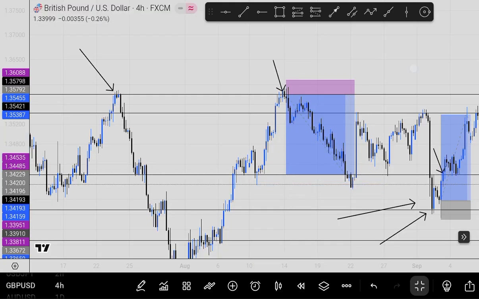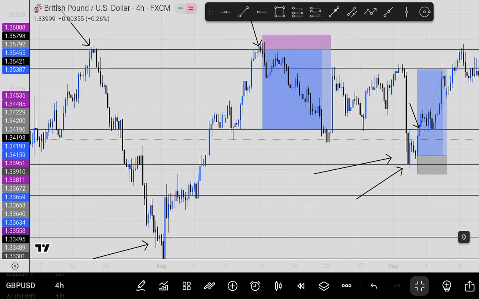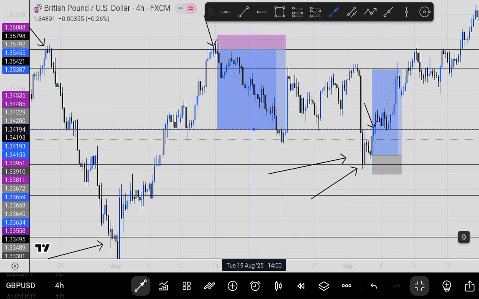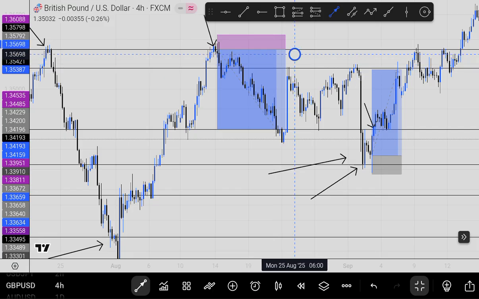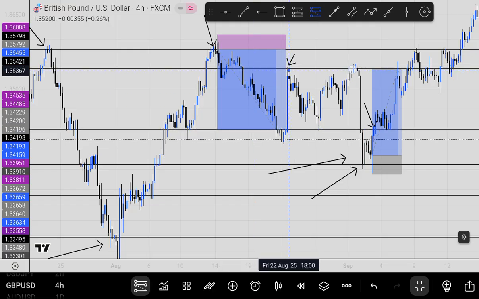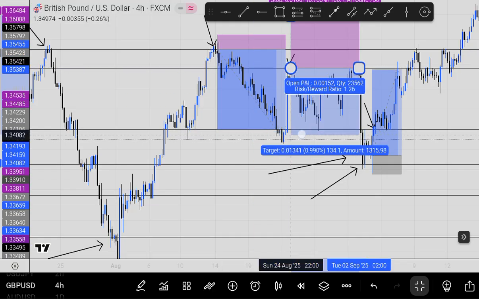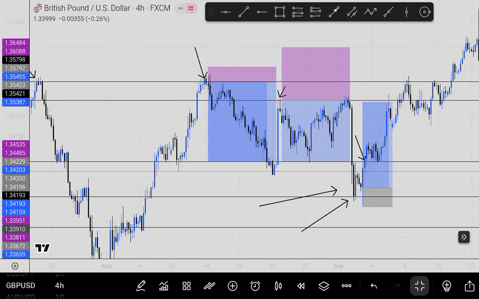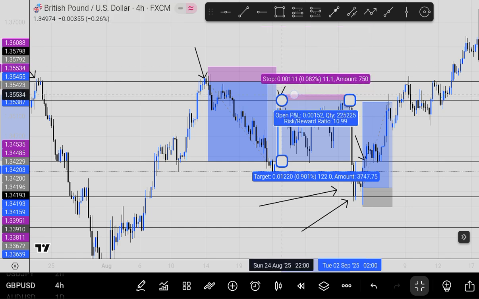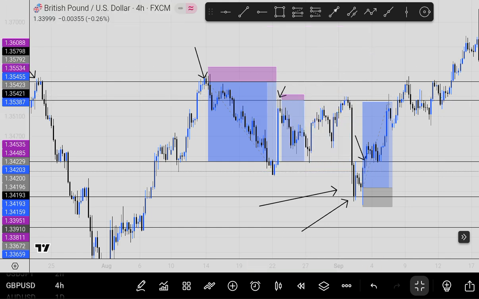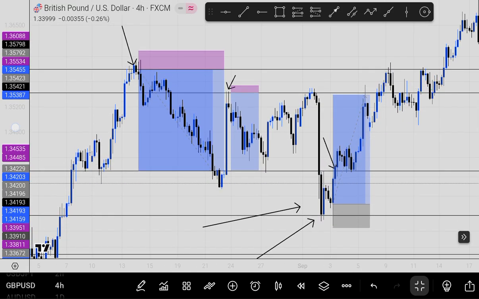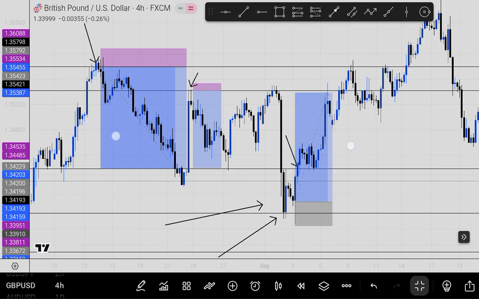Yeah, because we have our 5.4 risk to reward ratio. And you can also confirm that there is also a rejection zone in this same support and resistance. Then we trade to this next zone, this next support and resistance. So we have our 11 risk to reward ratio.